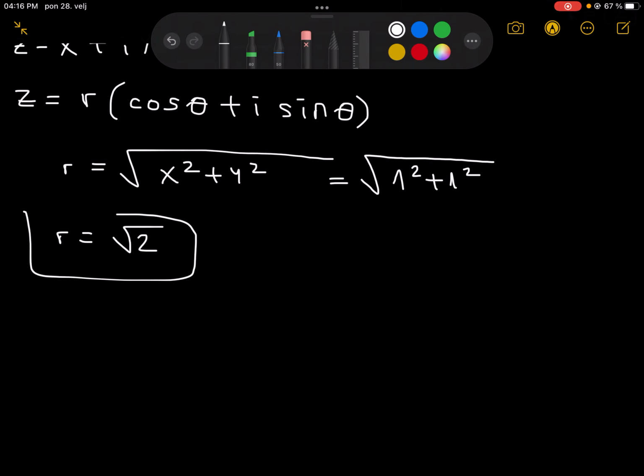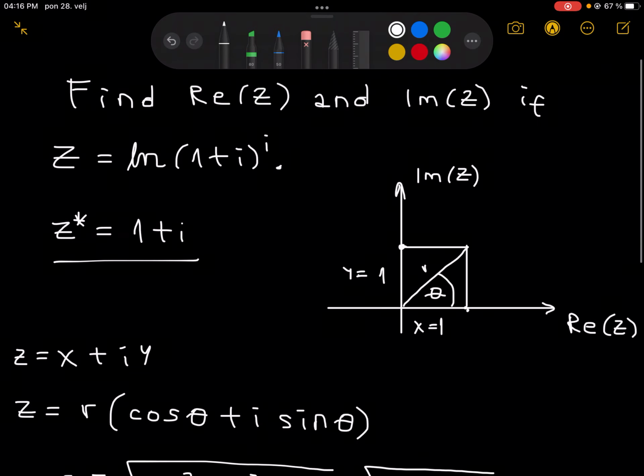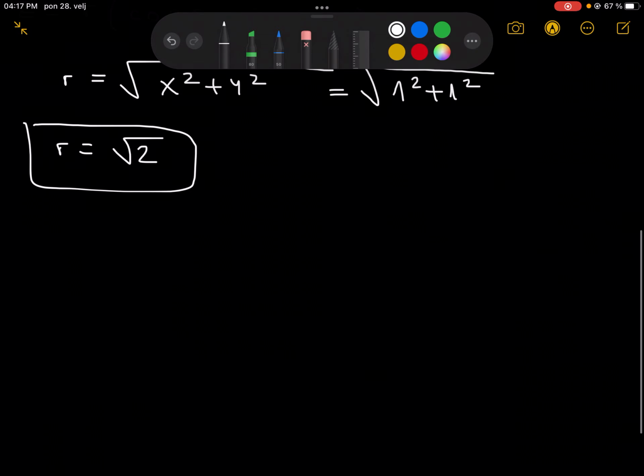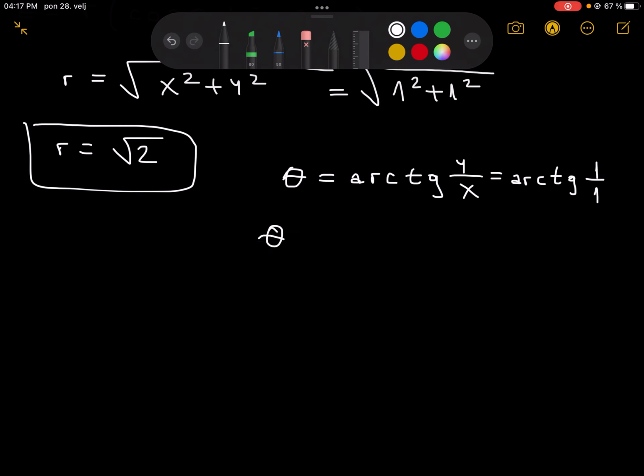Also, theta must be equal to the inverse tangent, or arctangent, of y over x, which is the arctangent of 1 over 1, which is just the arctangent of 1.